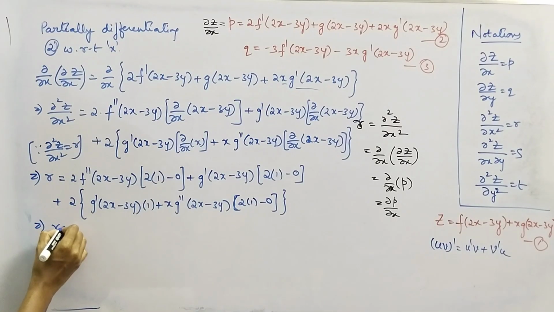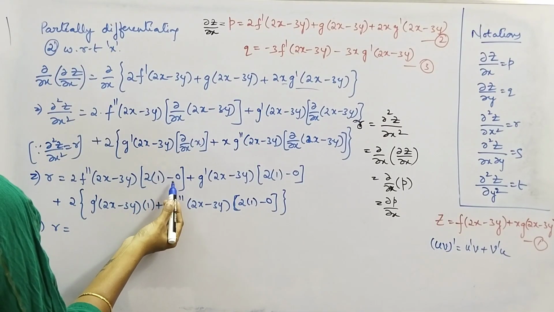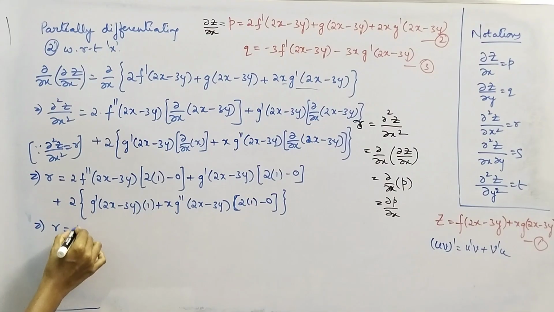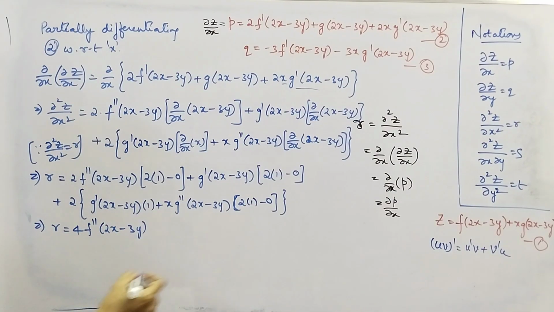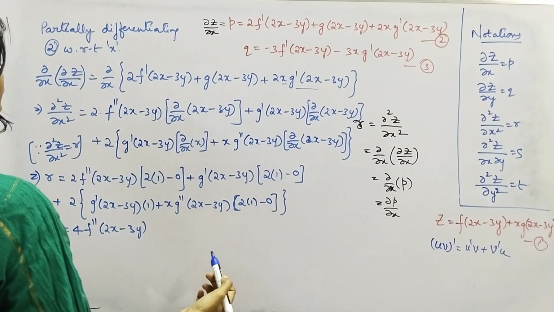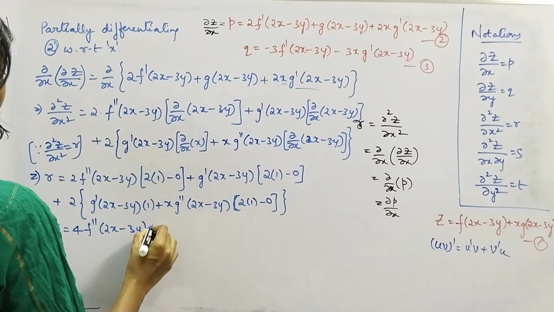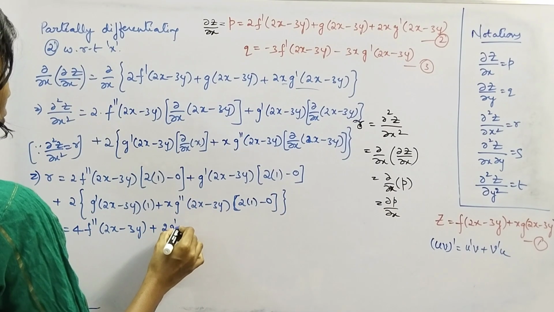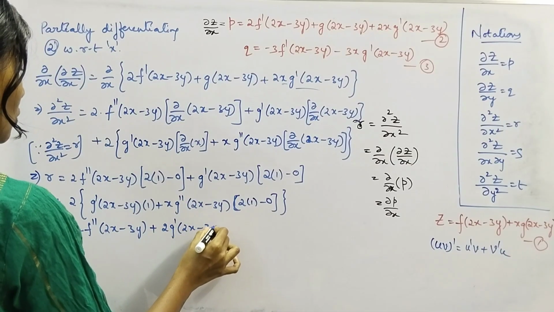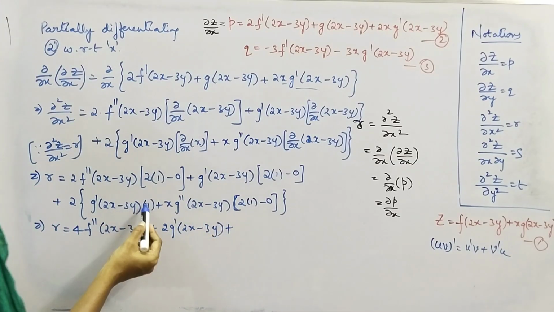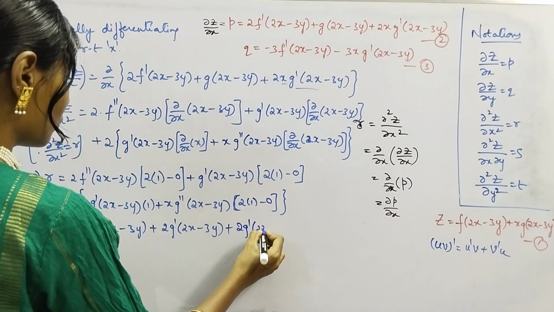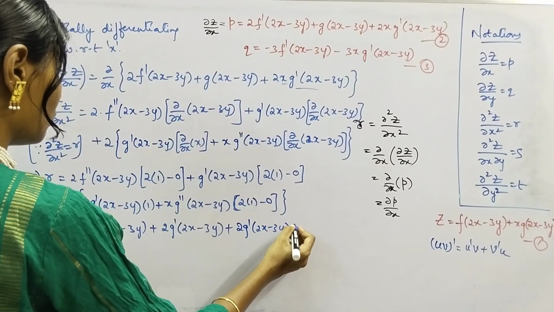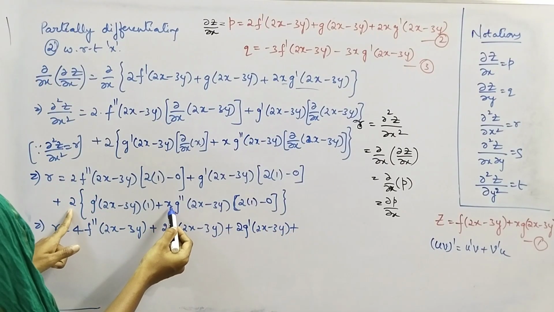This gives us r equal to 2 into 1, 2, 2 minus 0, 2, 2 2s are 4. You'll get 4 f'' of 2x minus 3y. Then 2 into 1, 2, 2 minus 0, 2, 2 g', right? You'll get plus 2 g' of 2x minus 3y plus 2 times g' into 1 is 2 g', plus 2x.